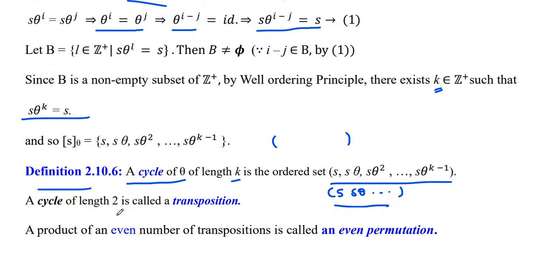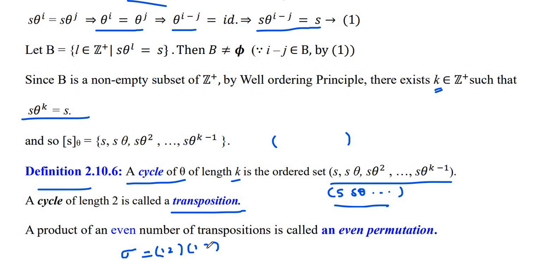Now a cycle of length 2 is called a transposition. For no other length do we have any name, but a cycle of length 2 is named a transposition. Now a product of an even number of transpositions is called an even permutation. See, we have a permutation, say sigma. It is written as a product of an even number of transpositions, something like this, say (1 2)(1 3).